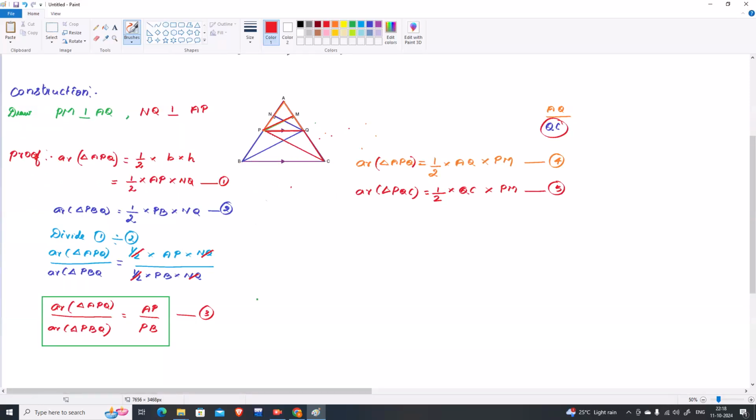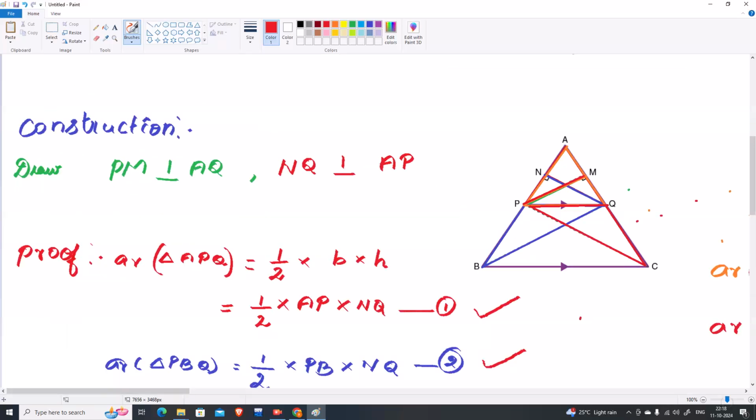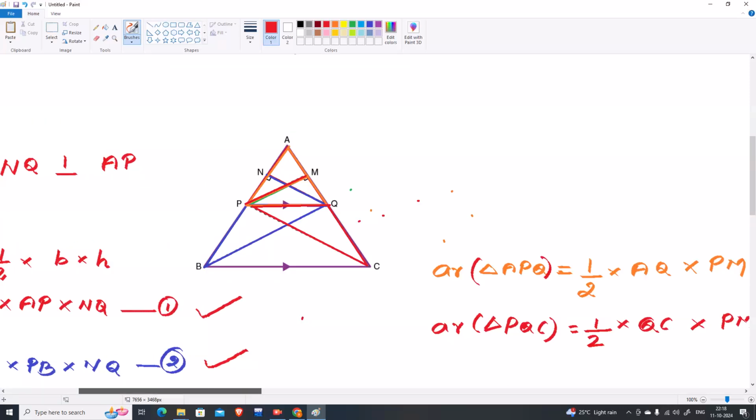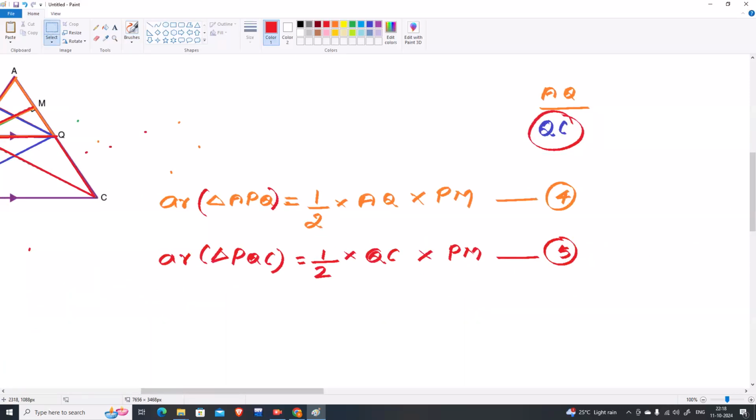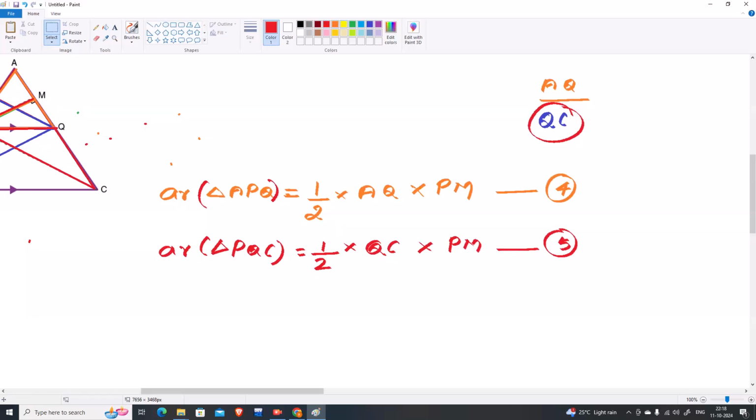So whatever we have done for the previous thing, same thing. After getting the first equation and the second equation, we divided. Same thing here also, we are dividing. Now this is not needed. After getting the answer, we will erase it.